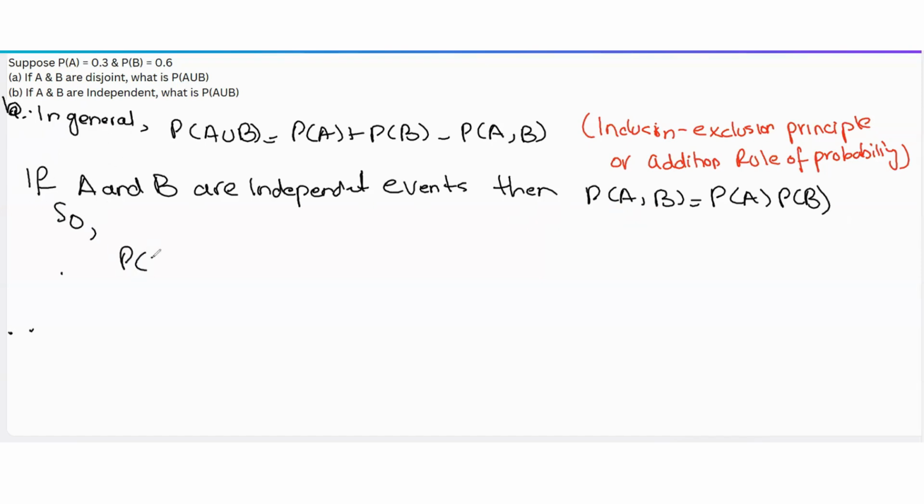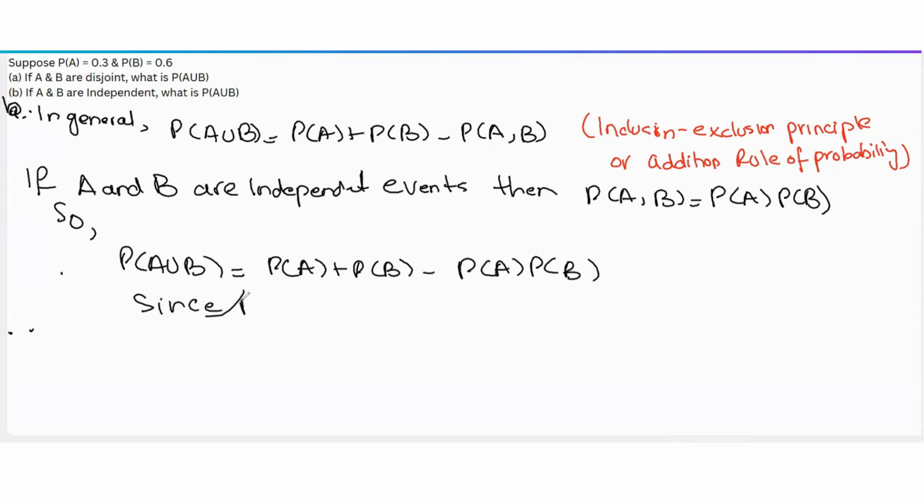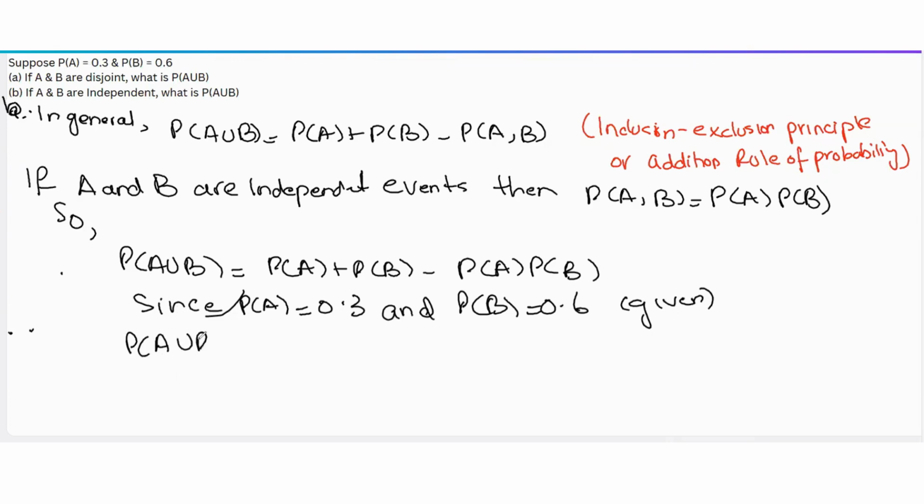So the probability of A union B is the probability of A plus the probability of B minus the probability of A times the probability of B. We're told the probability of A is 0.3 and the probability of B is 0.6, again given. So the probability of A union B is 0.3 plus 0.6 minus 0.3 times 0.6, which is 0.72.